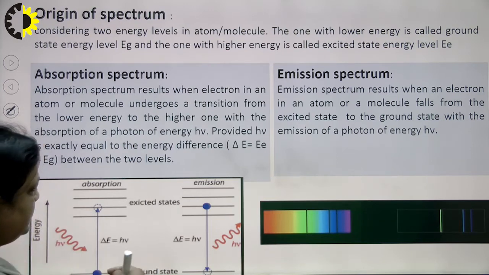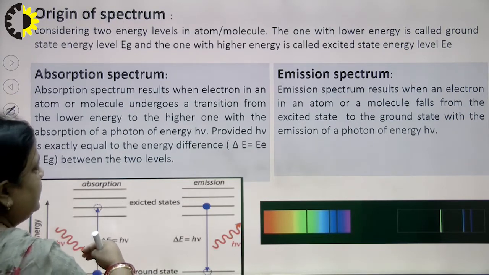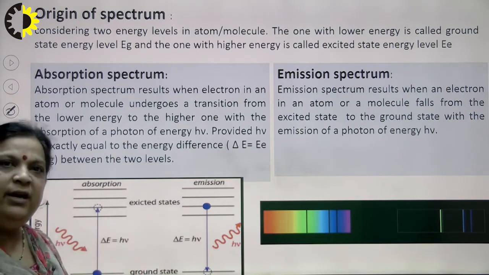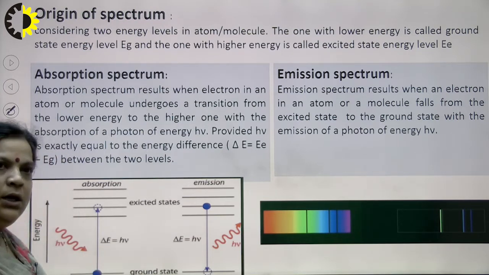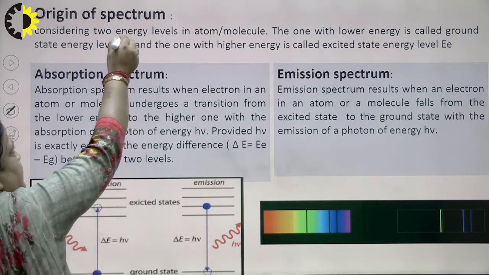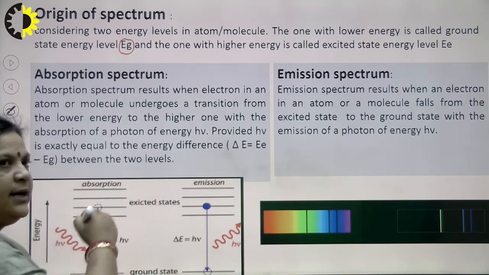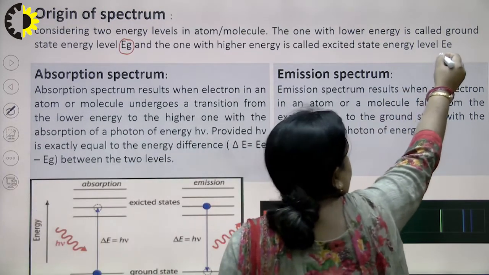To understand this, we know that there are various energy levels in an atom or molecule. The lower energy level is called the ground state energy level, shown by Eg, and the higher levels are known as excited energy levels, shown by Ee.